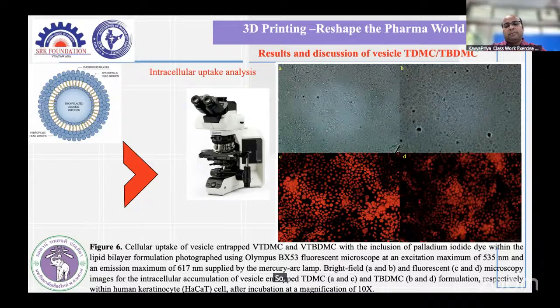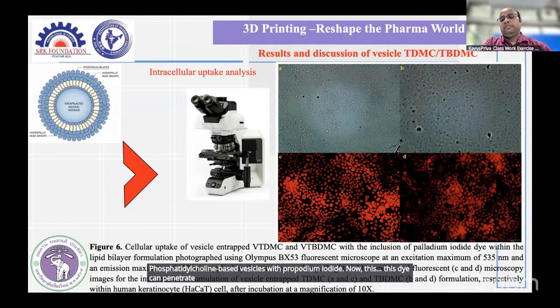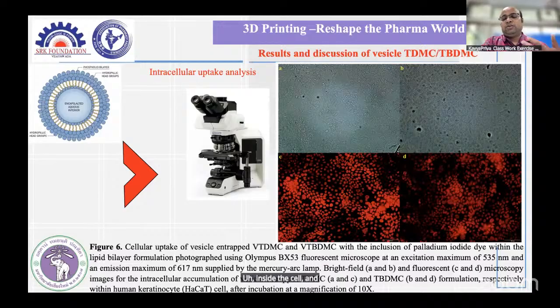First we labeled the phosphatidylcholine based vesicles with propidium iodide. This dye can penetrate inside the cell and reach the DNA when cells are dyed. So if our formulation is successful in lipoidal nature, it should allow entrapment in a live cell.